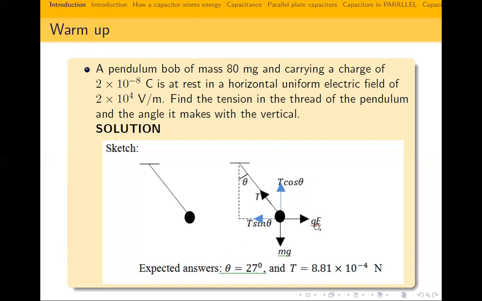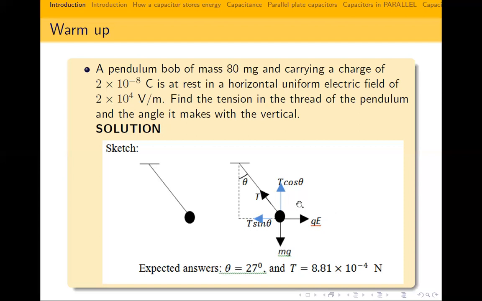Remember two lectures ago, we defined electric field intensity as force per unit charge. So if you make force the subject from that formula, you get force is equal to charge times electric field intensity. So this is the force that is pulling the bob away from its rest position.